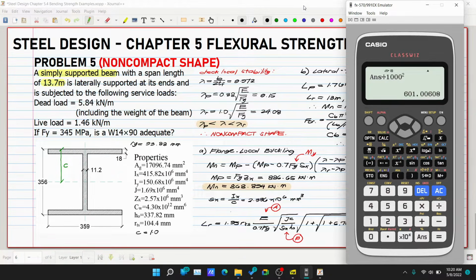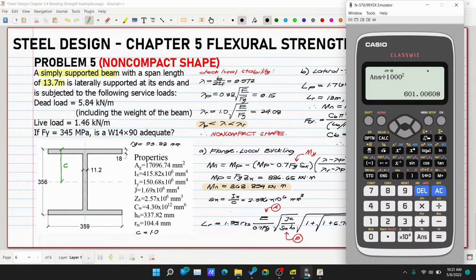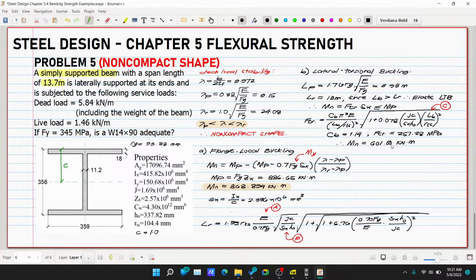So, 601.00 kilo Newton meter. Okay, actually, it is 0.01. Yan, kilo Newton meter. Okay, so double check natin to, no? So, tama lang, no? ZX, no? Yan. So, ngayon, meron na tayong MN under sa lateral torsional buckling.